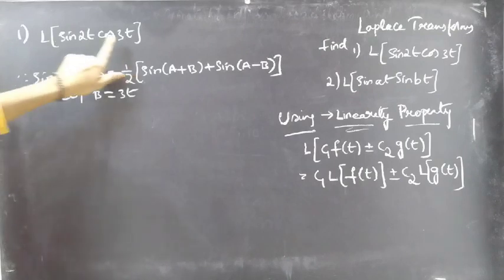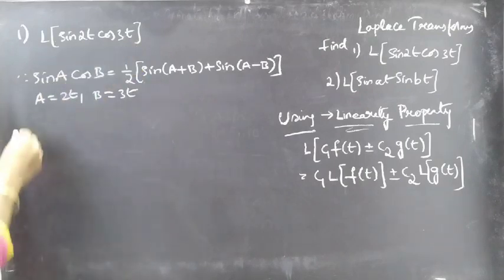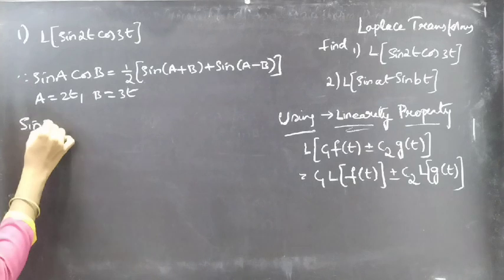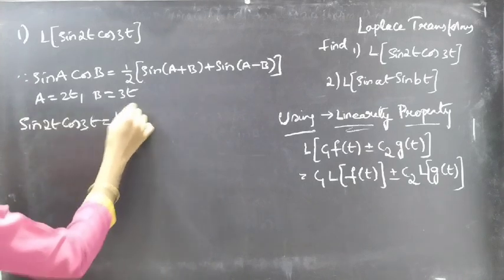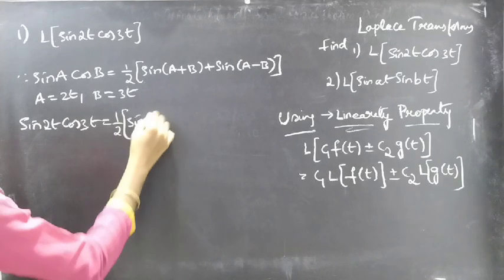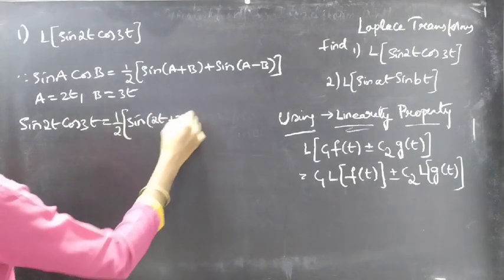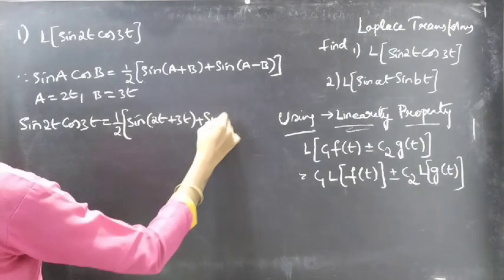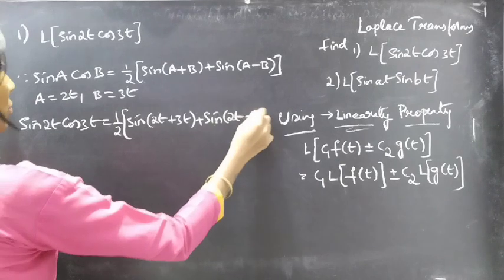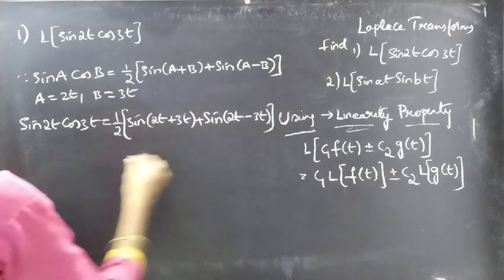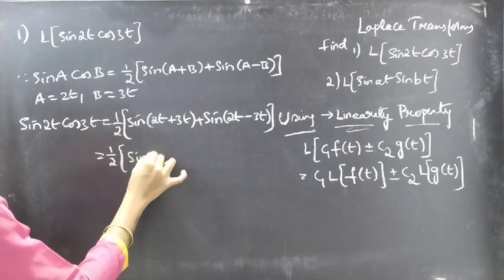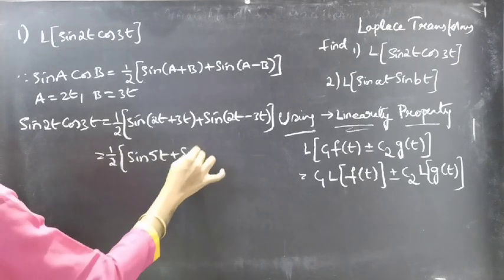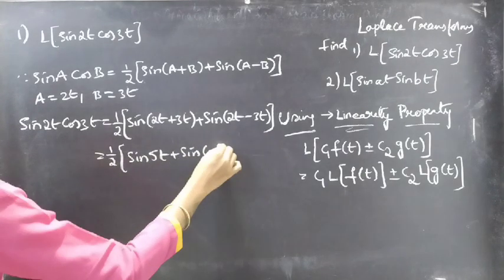For A equal to 2t and B equal to 3t, we'll get sin 2t cos 3t equal to 1 by 2 of sin(2t+3t) plus sin(2t-3t). This gives us 1 by 2 into sin 5t plus sin of minus t.